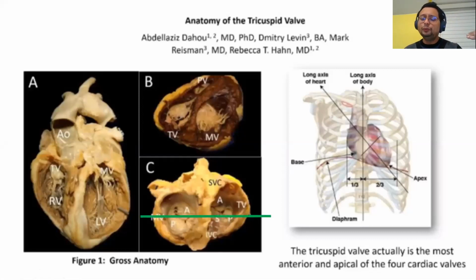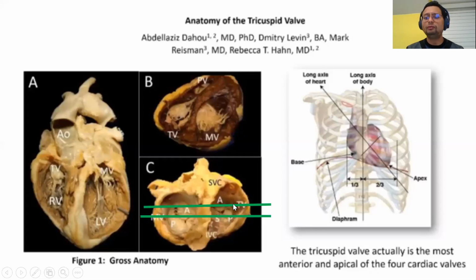Those of you who do echocardiogram know the 4-chamber view, a very familiar view for us. We cut in different directions depending on the tilting of our ultrasound probe. In this apical 4-chamber view, we are actually cutting the septal and the posterior leaflet of the tricuspid valve. If we go a little bit anteriorly and cut our apical 4-chamber view there, we will see the septal and the anterior leaflet.